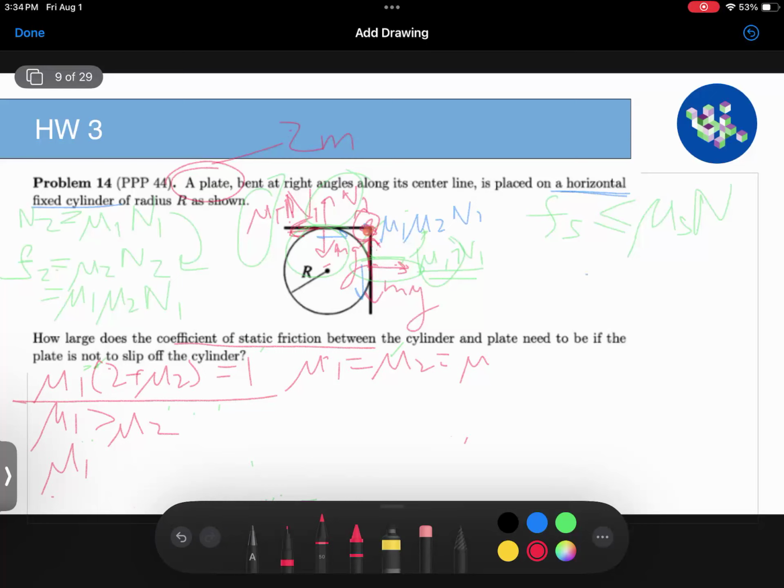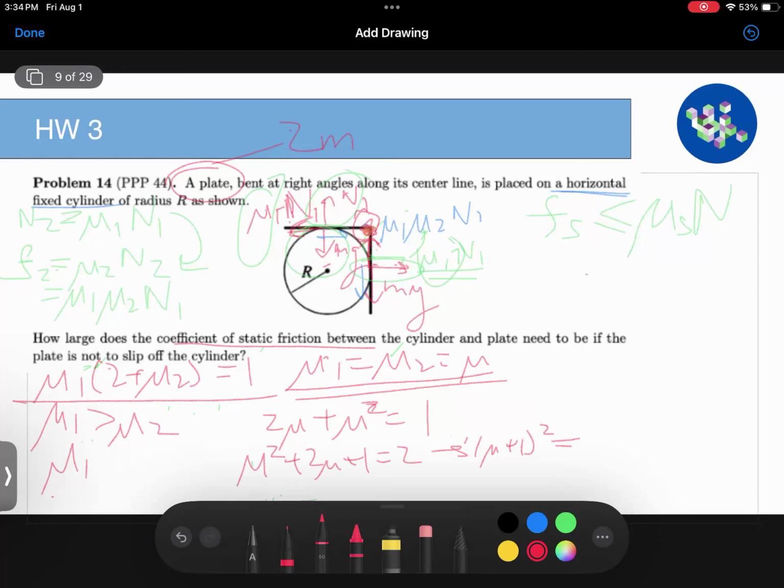Okay? So let's call that coefficient of friction mu, and then we'll just have 2 mu plus mu squared equals 1. And then that'll just be mu squared plus 2 mu plus 1 equals 2, meaning that (mu plus 1) squared equals 2, because you complete the square, right?